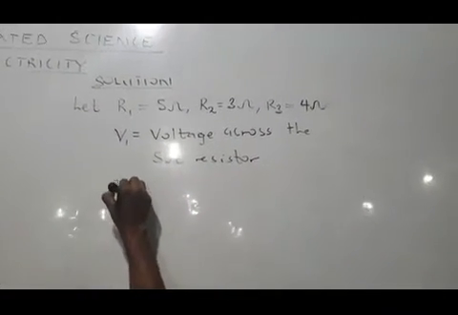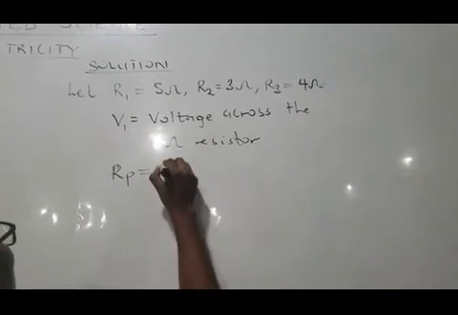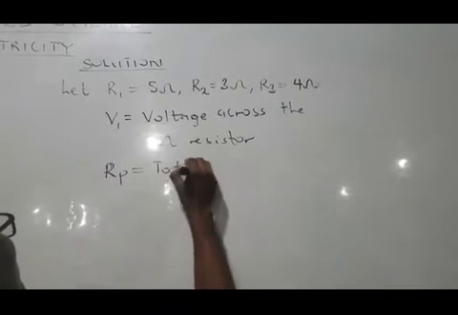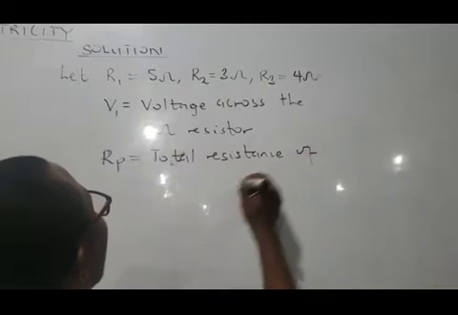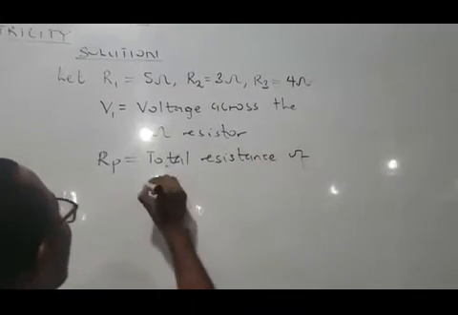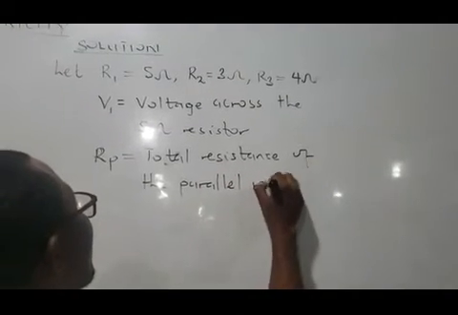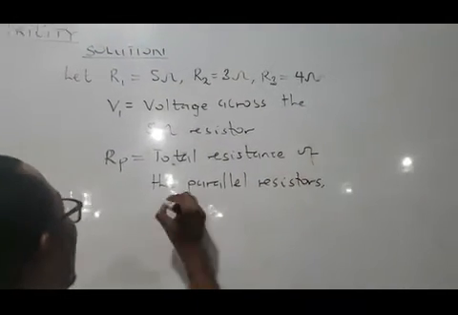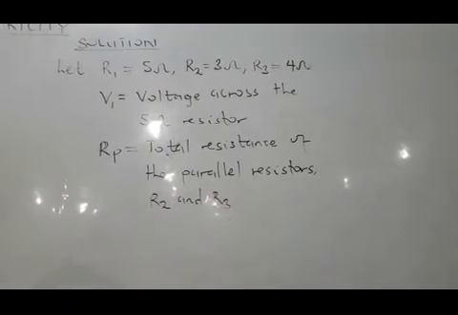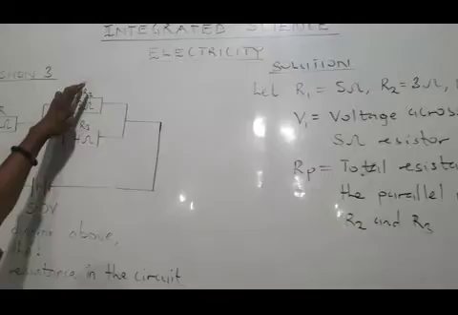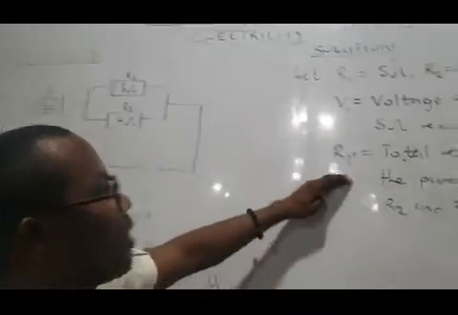And then let me say Rp equals the total resistance of the parallel resistors R2 and R3. So the total resistance of these two, that's the parallel resistance, which we are calling RP.